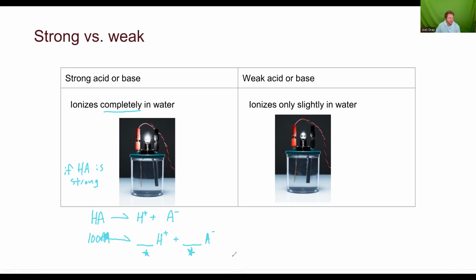We start out with 100 HA. If this molecule will completely ionize, and just to bring things back, H plus is an ion and A minus is an ion, if somebody can add to the chat, how many H and how many A will be present when you add HA to water?